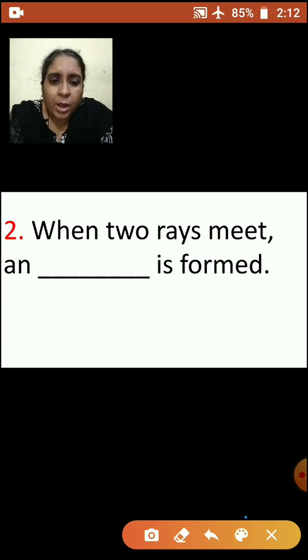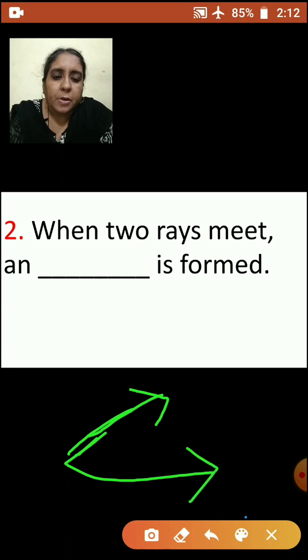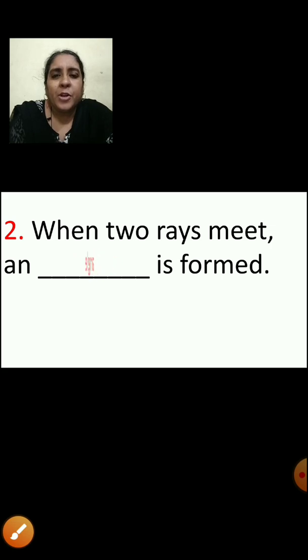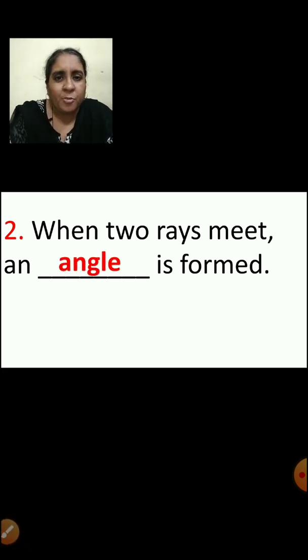Now I'll draw one ray first, okay? I will draw the other ray now. So what is formed in this, children? What will be the answer? When two rays meet and dash is formed. What is the answer? Yes, an angle is formed. Very good.